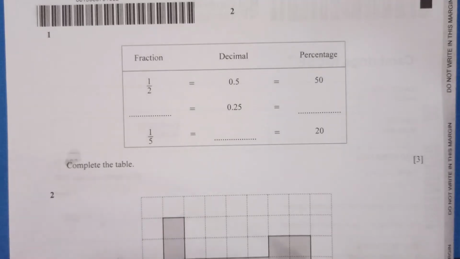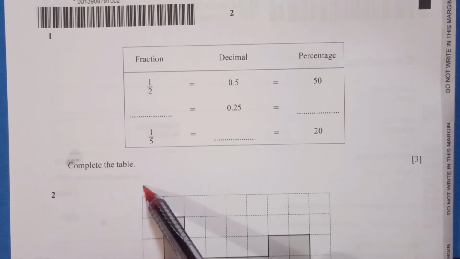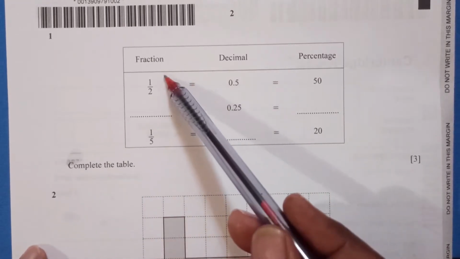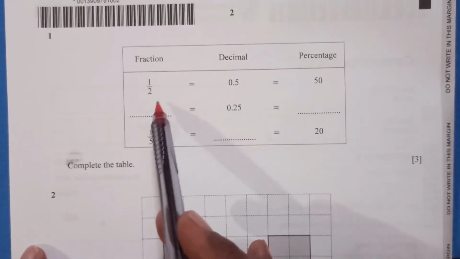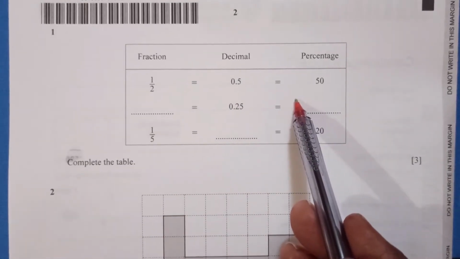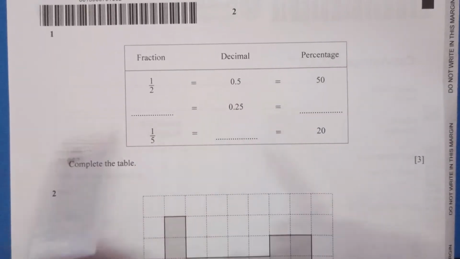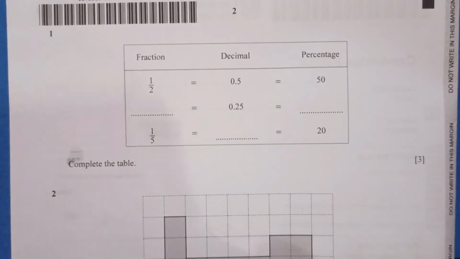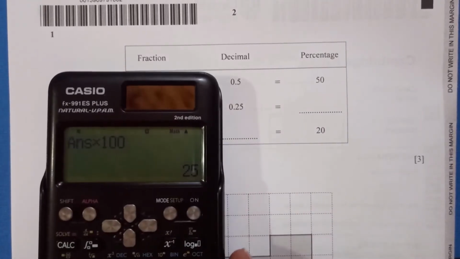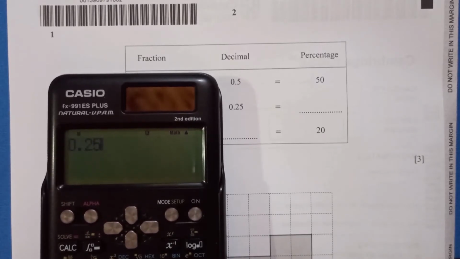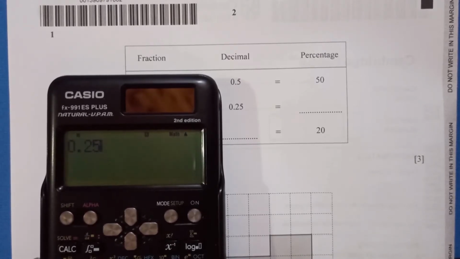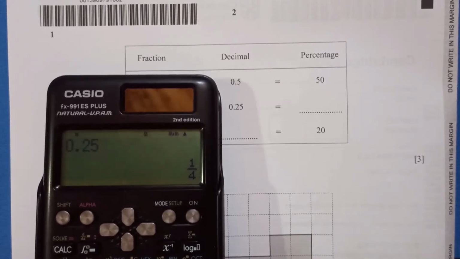So question 1, complete the table. You can see we have sections here for fraction, decimal, and percentage. The first is an example for you. The second one, we have 0.25 to convert into decimal. So we have 0.25, it's in decimal. When you make the fraction of this, it is 1/4.